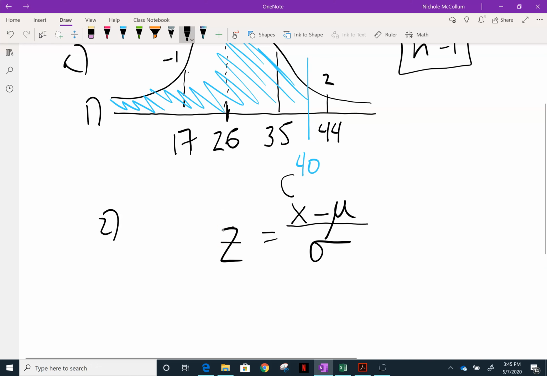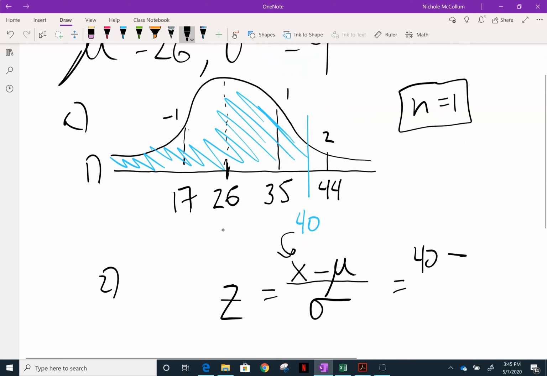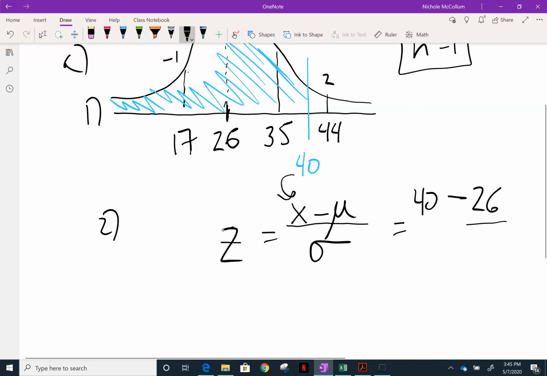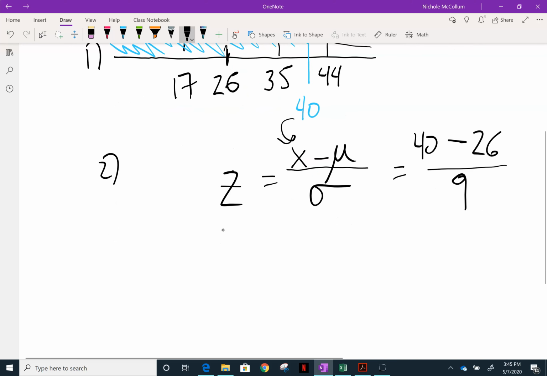That arrow, that's an X value, and it's going to be plugged into this formula. So our Z in this case will be 40 minus the mean for the problem, 26, divided by the standard deviation of 9. So in this problem, our Z value is 40 minus 26, and then divided by 9, which gives us 1.56 as our Z value.